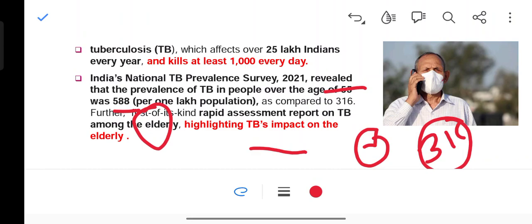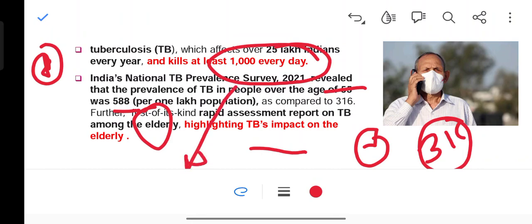We will see the impact, but you can also quote some important data: tuberculosis affects about 25 lakh Indians every year and kills at least 1,000 people every day. This is very important. And remember, India has targeted to end TB by 2025.